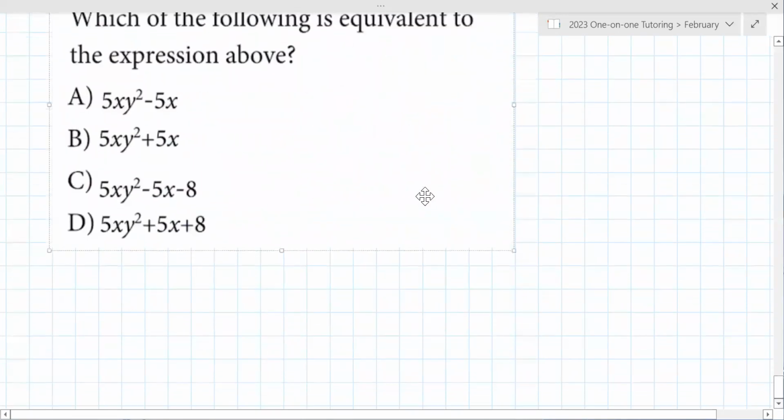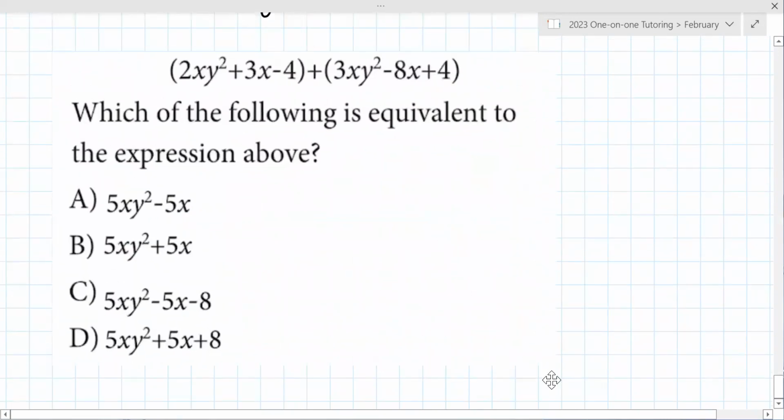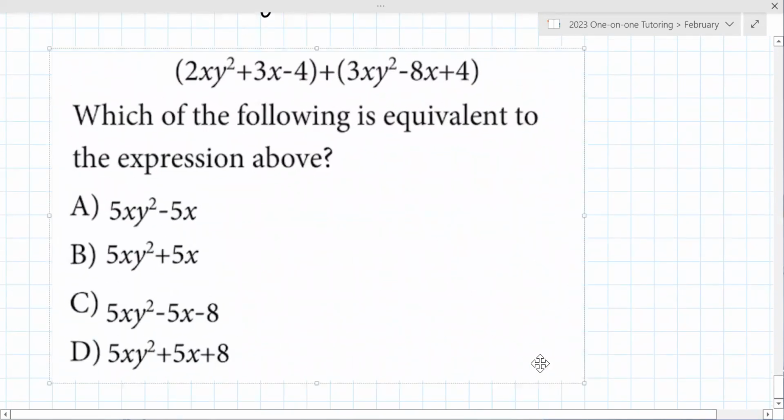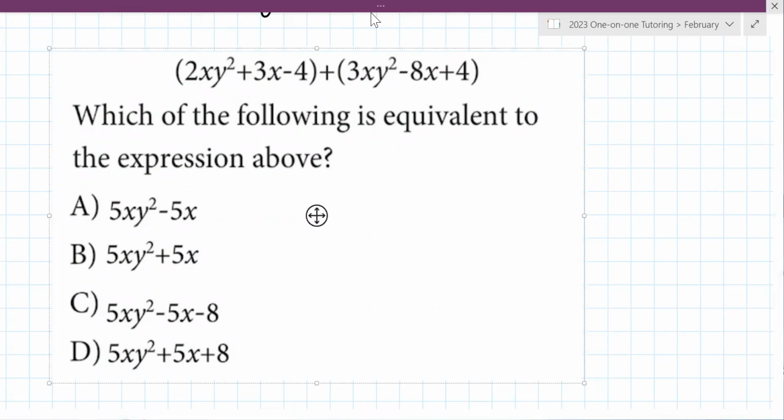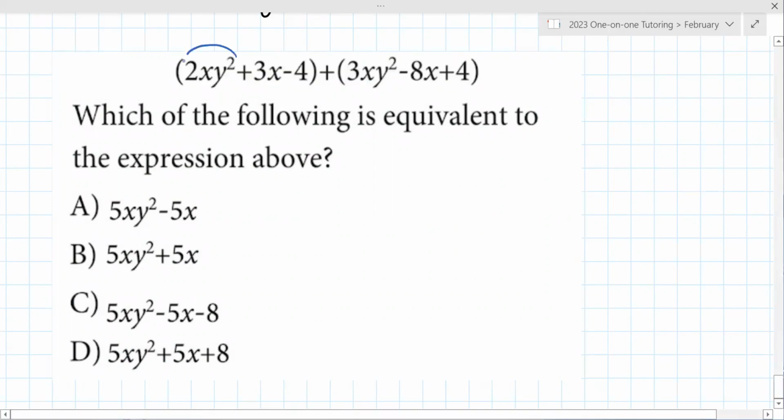It says which of the following is equivalent to the expression above. All right. So quite a bit there. You get 2xy squared plus 3x minus 4 plus 3xy squared minus 8x plus 4. A really good strategy is to, again, find the like terms and then you can combine them.